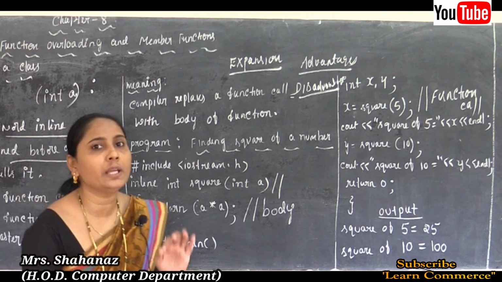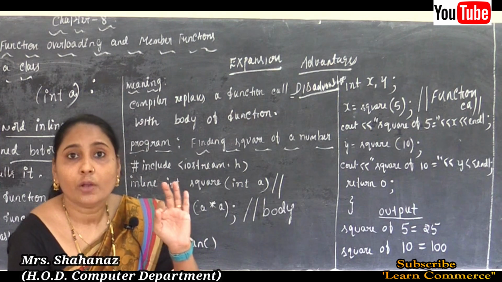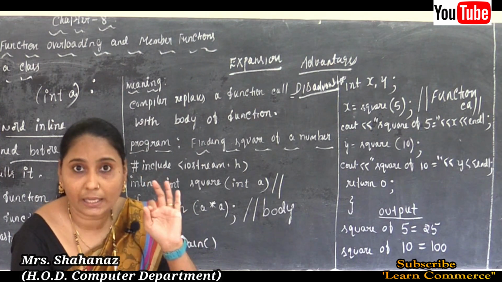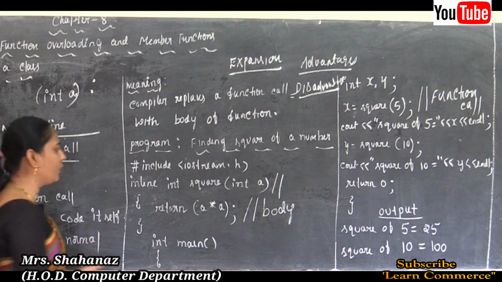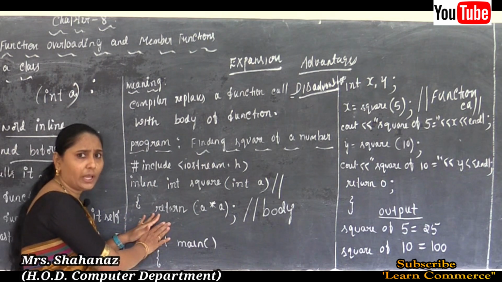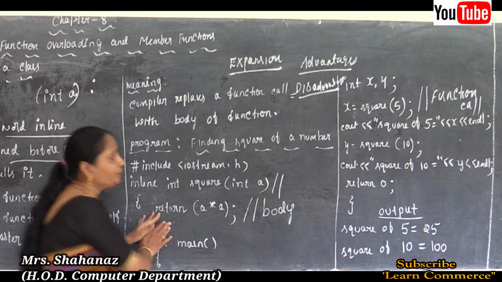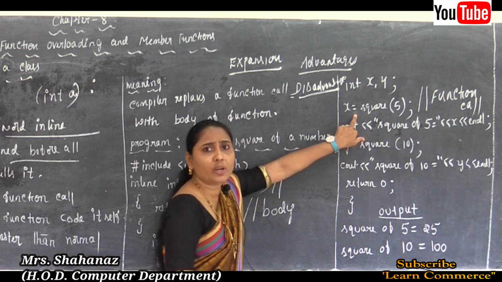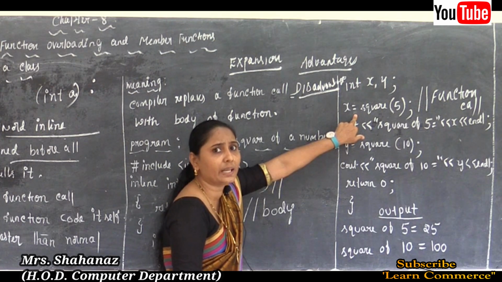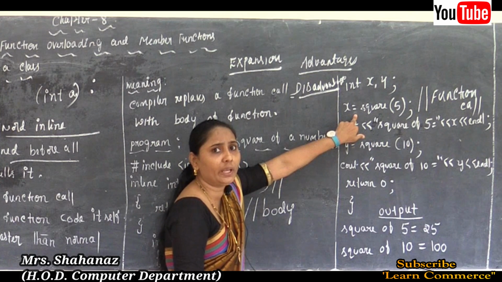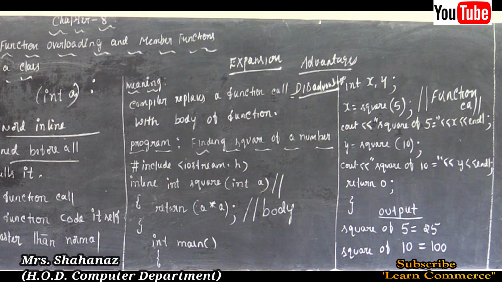So this is the disadvantage, but the advantages are more in our inline function. Here there is just one disadvantage: the body of the inline function is substituted in place of the function call, so the size of the file increases and more memory is needed. So this is about the disadvantage of the inline function.